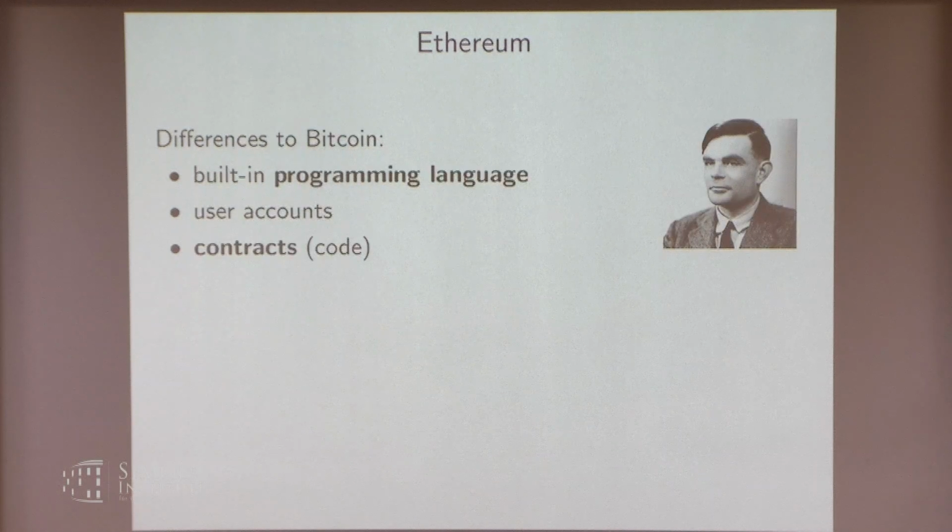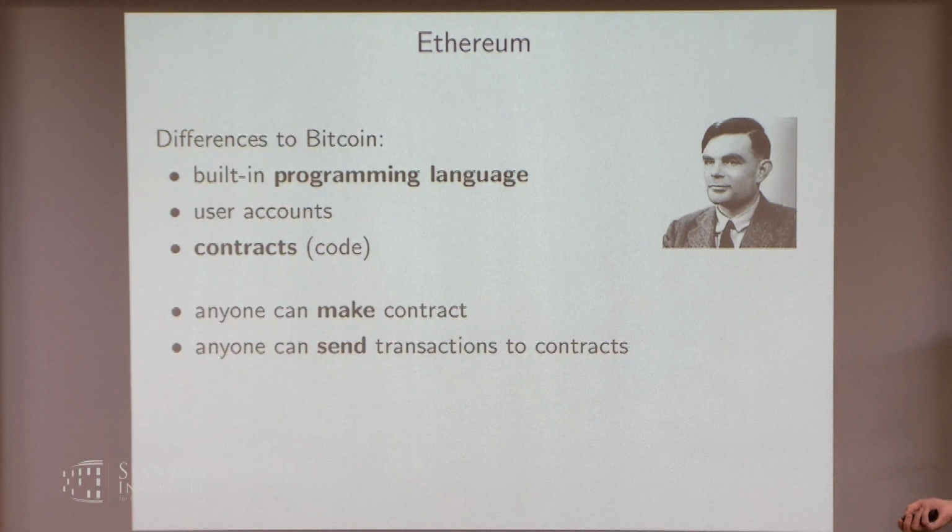How does this work? So in Ethereum, you have a built-in programming language, and as opposed to Bitcoin, which is very simple, it is actually Turing complete. So you can, in principle, write any code, any conditions that you want. You have user accounts, and you have this idea of contracts that you can upload to the blockchain.